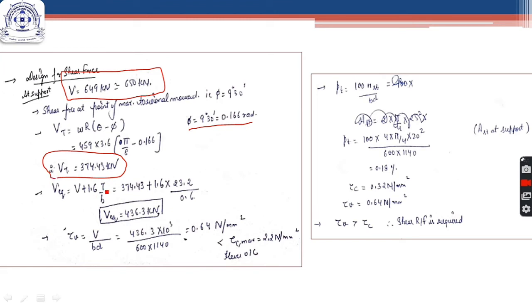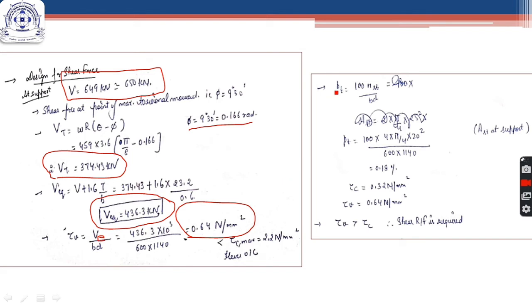So V is 374.43, plus 1.6 into 23.2 is the torsional moment, maximum torsional moment, and 0.6 is the width of the beam. So this is the equivalent shear force. Similarly, the equivalent shear stress will be V equivalent upon BD. So this will be 436 upon 600 into 1140. So this is the tau V for our this particular shear force.